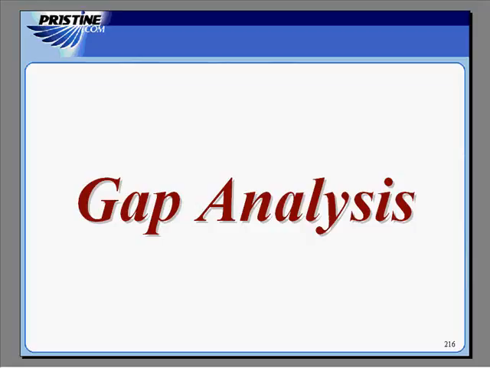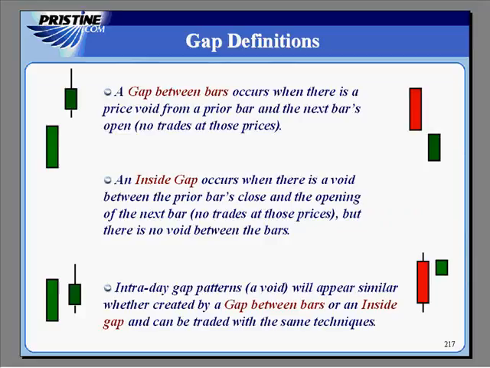So there you have the whole gap section. Let's go through it, and we'll look at examples. But that is the basis for our thought process when it comes to gaps. Gaps occur in the morning.